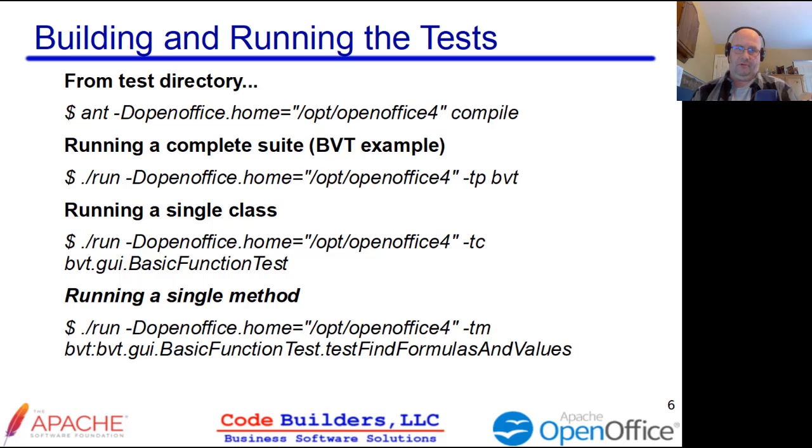And then the last example there is running a single test method within a test class. The syntax is a little different. It has BVT, colon, and then the package and class name, and then dot the test method following that.